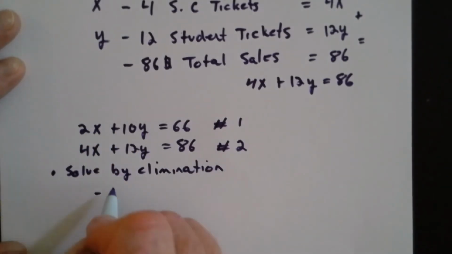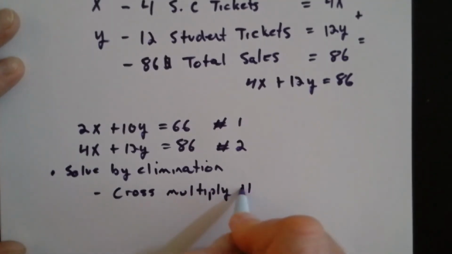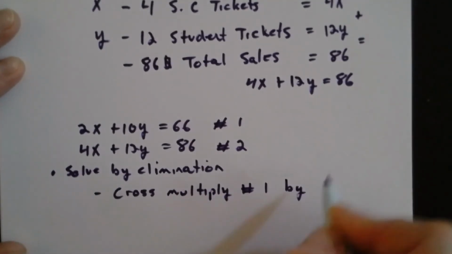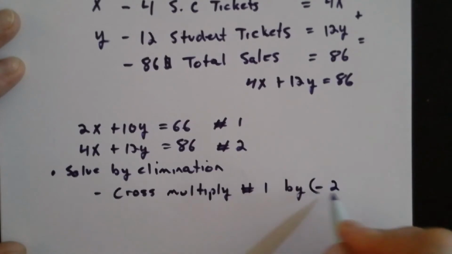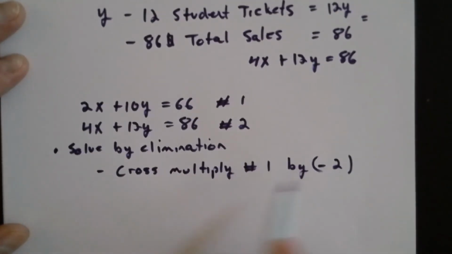By negative 2. So cross multiply number 1 by negative 2.